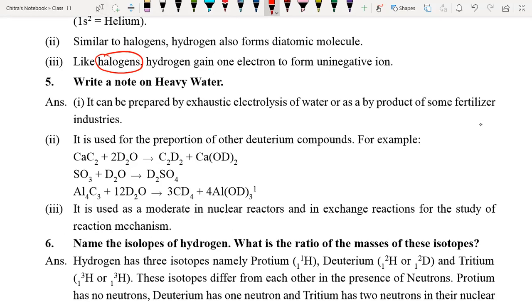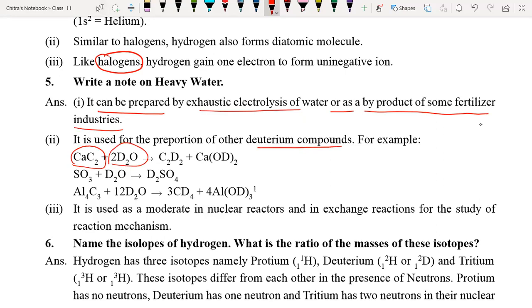Okay, sir. So it can be prepared by exhaustive electrolysis of water or as a byproduct of some fertilizer industries. So that heavy water can be prepared by the electrolysis process. It is used for the preparation of deuterium compounds. For example, as you can see here, we have calcium carbide and deuterium oxide.